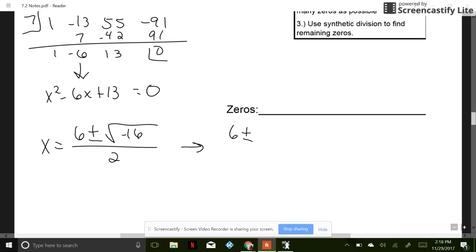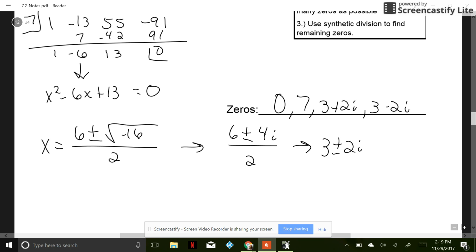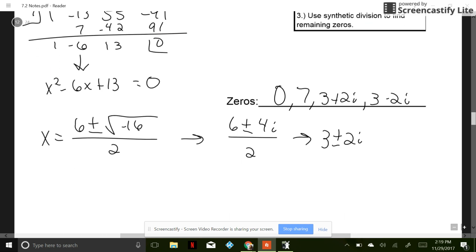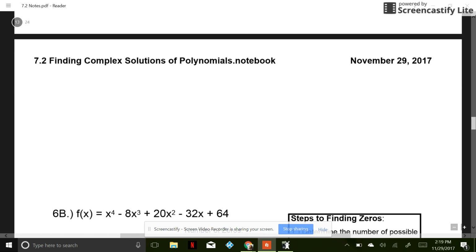So that square root of negative 16 will simplify to 4i. And then dividing each of those by 2, we get 3 plus or minus 2i. So our zeros are at 0, 7, 3 plus 2i, and 3 minus 2i. So as we said, there should be 4 zeros, and there they are. We made sure we got all of them.